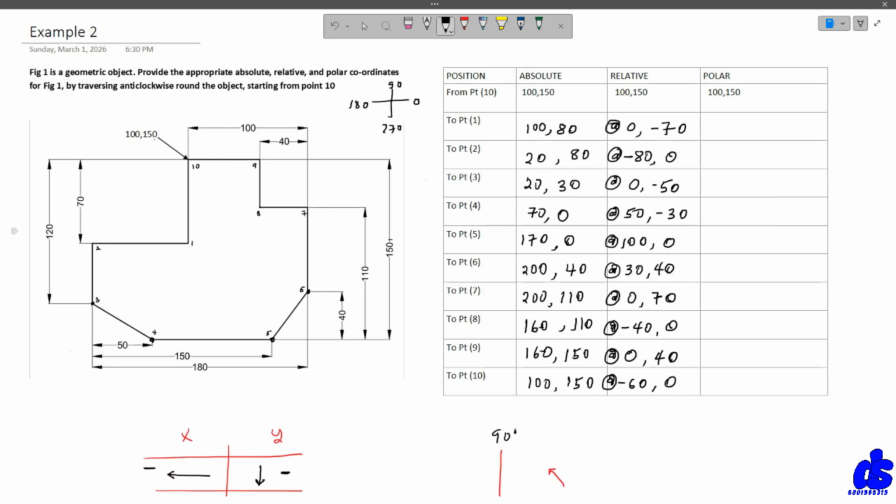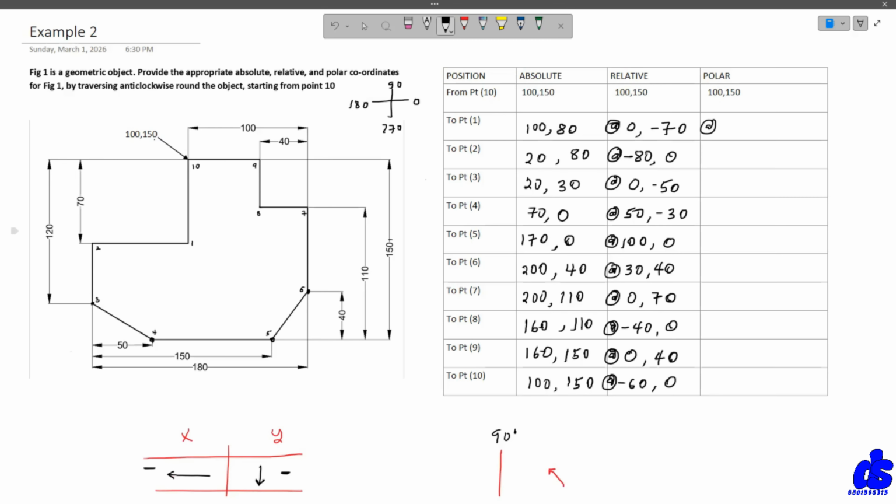With the polar coordinate system also, it's similar to the relative. That is, the next point is specified using the previous point. And it's going to be by magnitude and direction. So let's begin. Similar to the relative, we need to include the at sign.